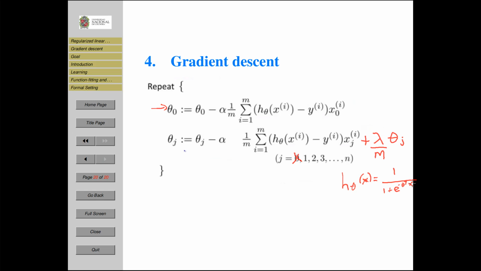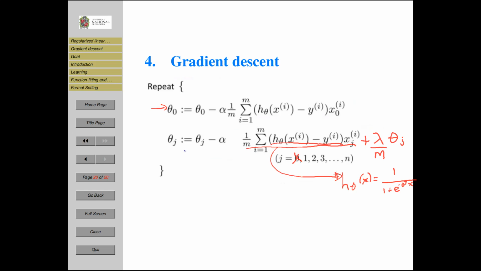So this is not the same algorithm as regularized linear regression, because the hypothesis is different. It looks the same as what we had earlier when working out gradient descent for regularized linear regression.